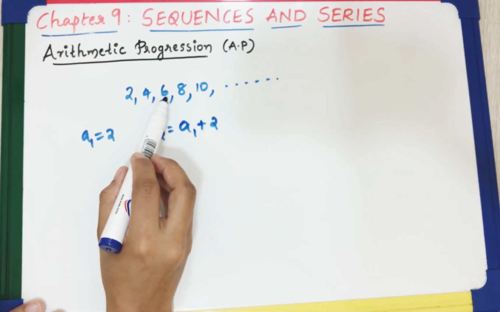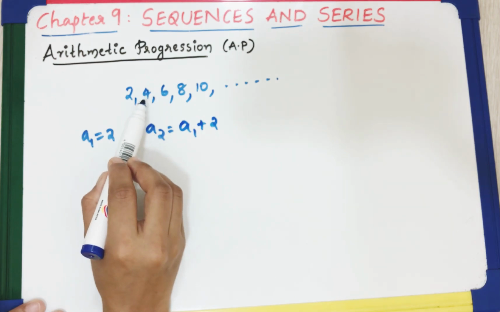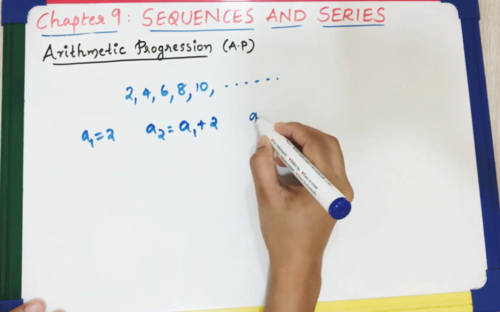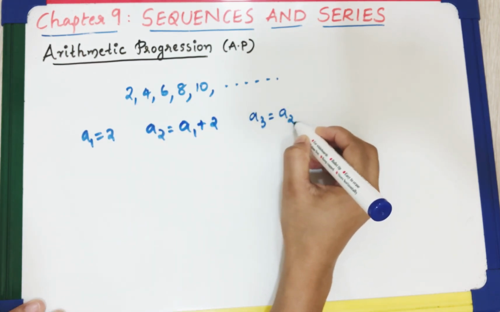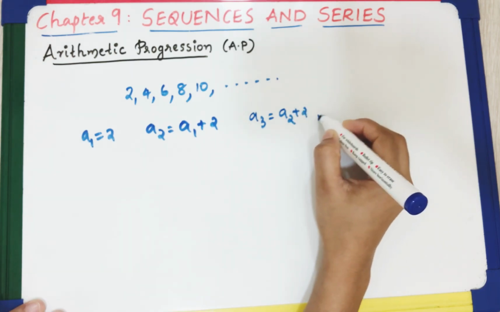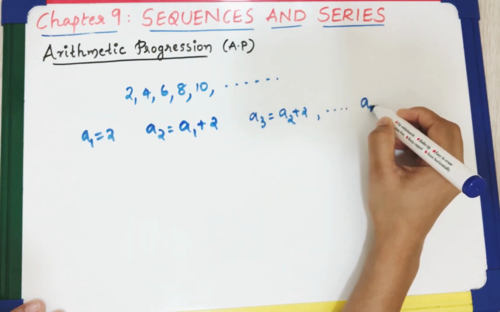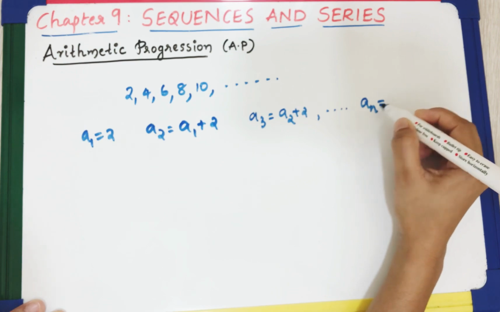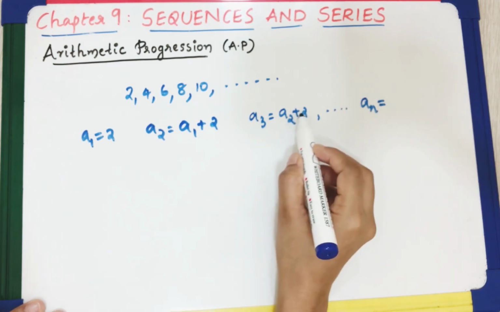And a3 is obtained by adding 2 to the second term, or a3 is equal to a2 plus 2, etc. And an is equal to an minus 1 plus 2.